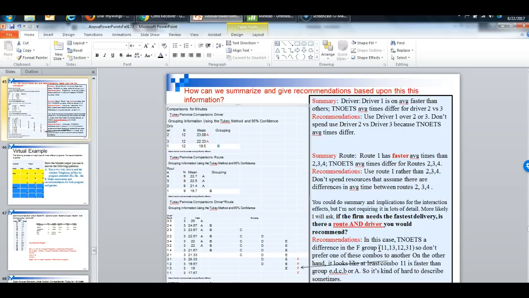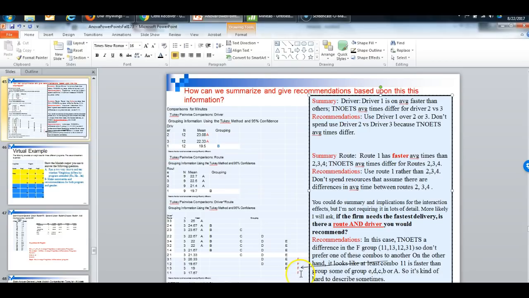On the other hand, it looks like at least combo 1,1, this guy, is faster than group E. So 1,1 is faster than group E. 1,1 is not faster than all of group E, but some of group E. Right?